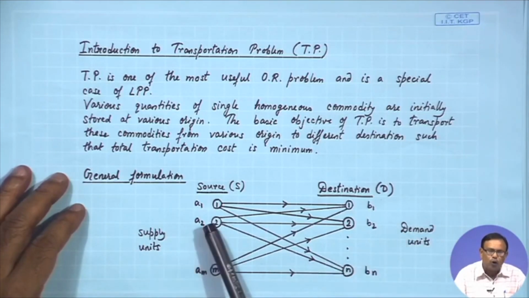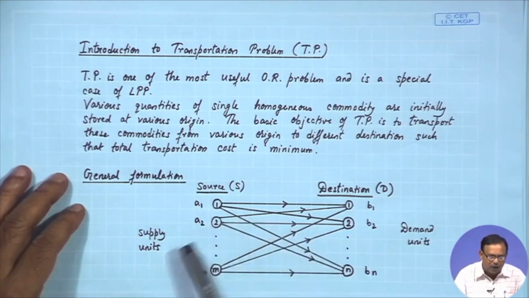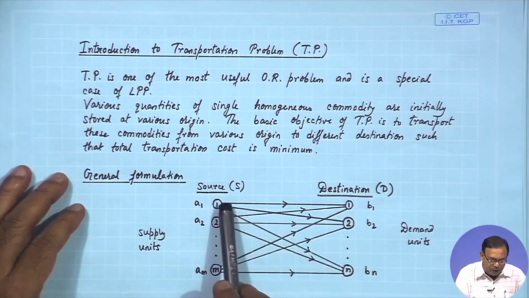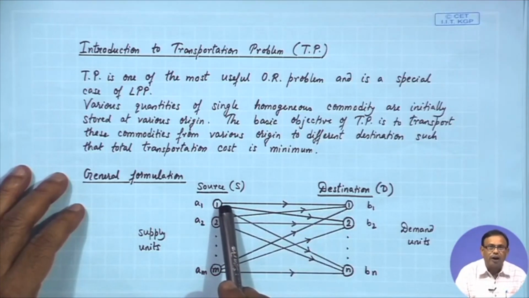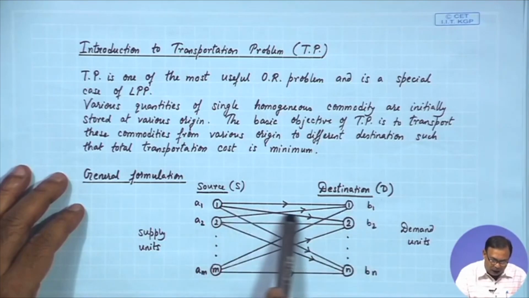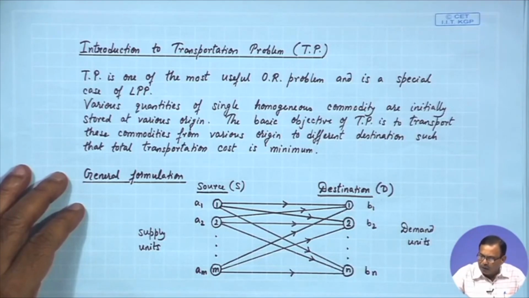So, you have some sources. From sources, you will transport certain items to certain destinations. If you see the arrows, from source 1, that is A1, I can transport to B1, I can transport to B2, and in this way I can transport to Bn. So, from one source I can go to any destination.